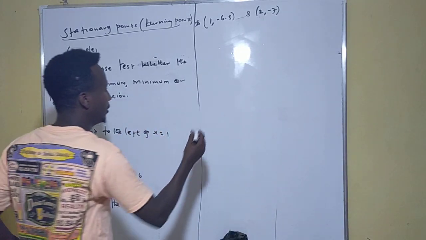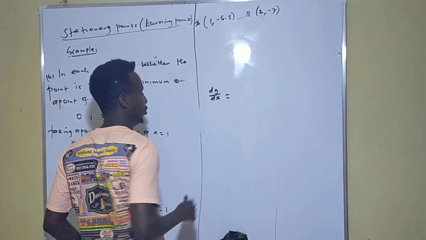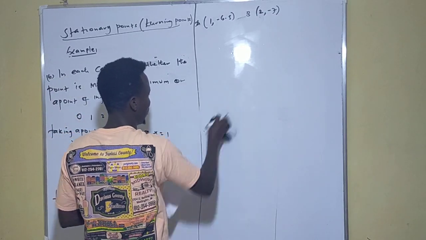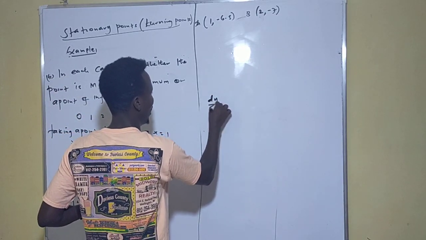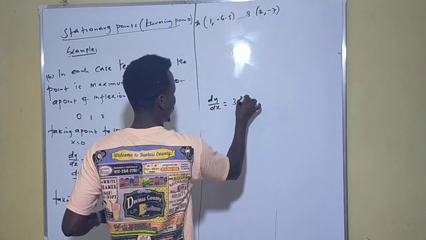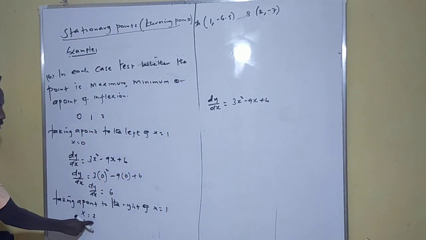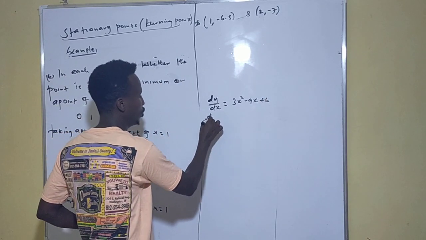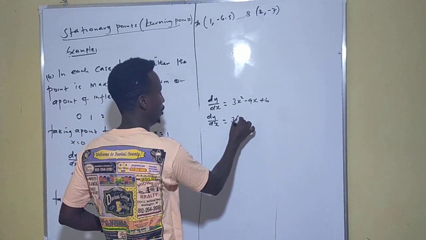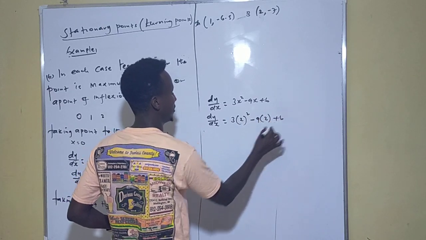I know that my dy over dx is 3x squared minus 9x plus 6. So let me substitute this value. dy over dx is equal to 3 into 2 squared minus 9 into 2 plus 6.